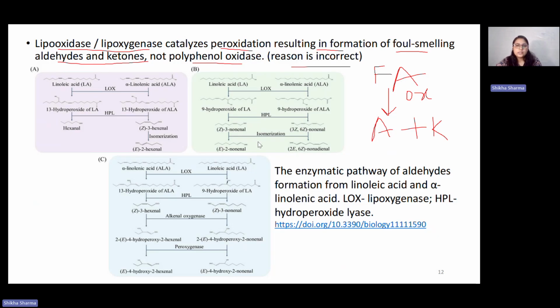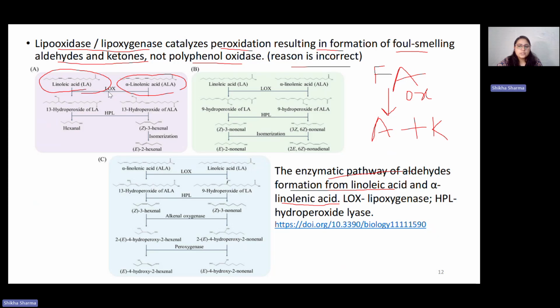Here we can see the enzymatic pathway of aldehyde formation from linoleic acid and alpha linolenic acid. Here this is linoleic acid, and here is alpha linolenic acid.